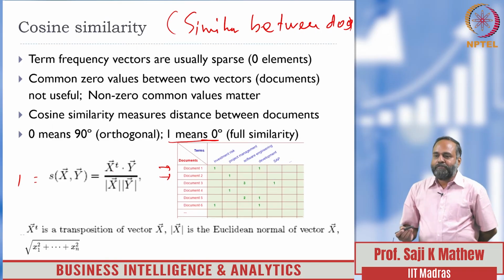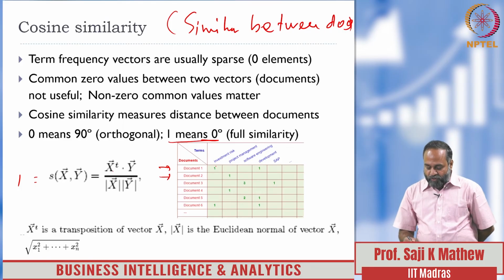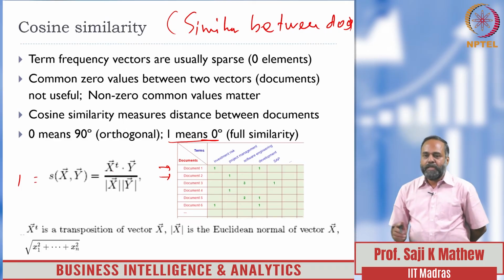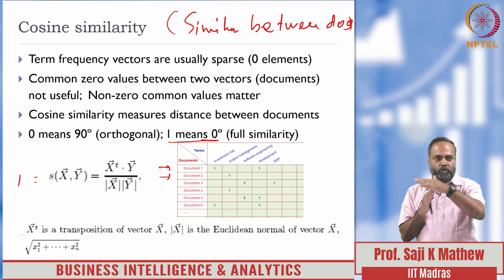Suppose they are totally different, there is no similarity between x and y. So, when document 1 cell is 1, the other is 0, when this is 0, that is 1. They are completely dissimilar, in which case we say they are orthogonal, 90 degree orthogonal to each other.